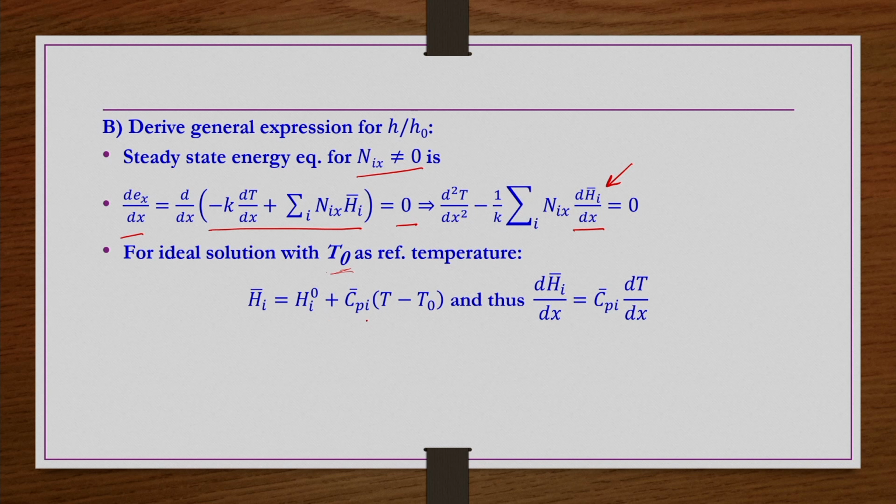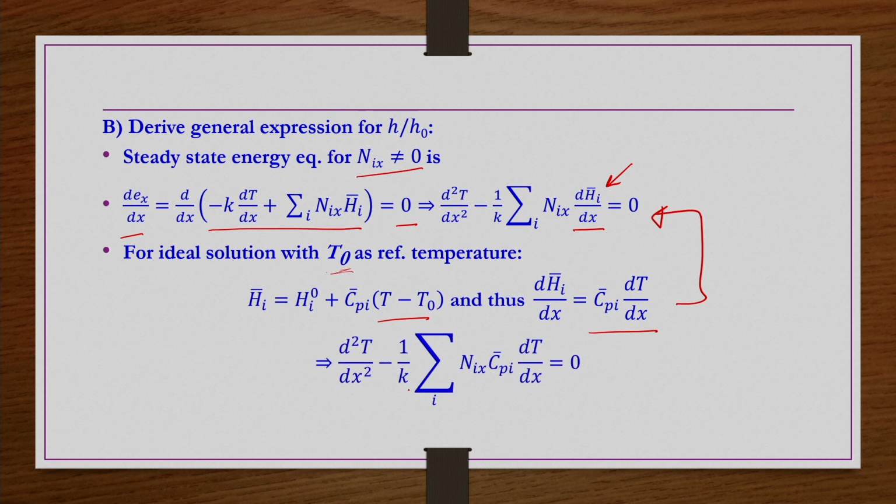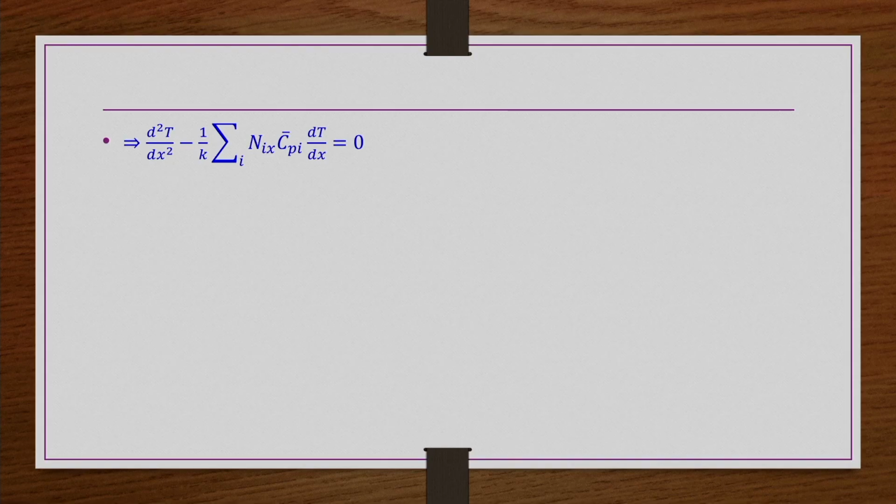That is the reason we write H̄_i equals H̄_i0 plus C̄_pi ΔT. So dH̄_i/dx is nothing but C̄_pi dT/dx. Substituting here, you get d²T/dx² − (1/k) Σ N_ix C̄_pi dT/dx equals 0. This equation we have to solve to get the temperature profile, and only then can we get the H definition.